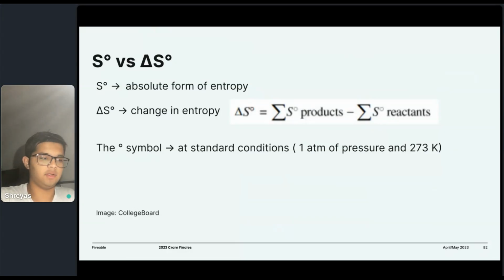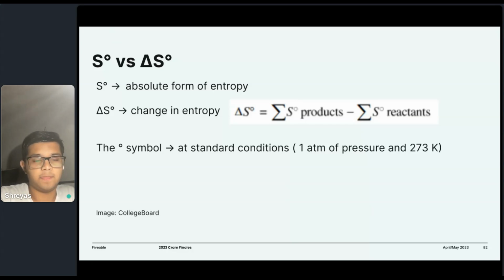So let's get a little familiar with the variables, the symbols for entropy. The first one is just the absolute form of entropy, S, and the second one is delta S, the change of entropy, and the formula for this is the sum of the absolute entropy of the products minus the sum of the absolute entropy of the reactants.